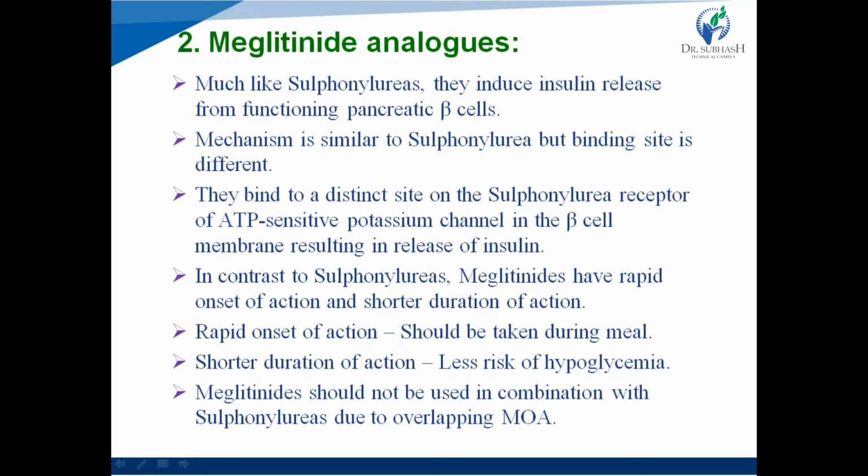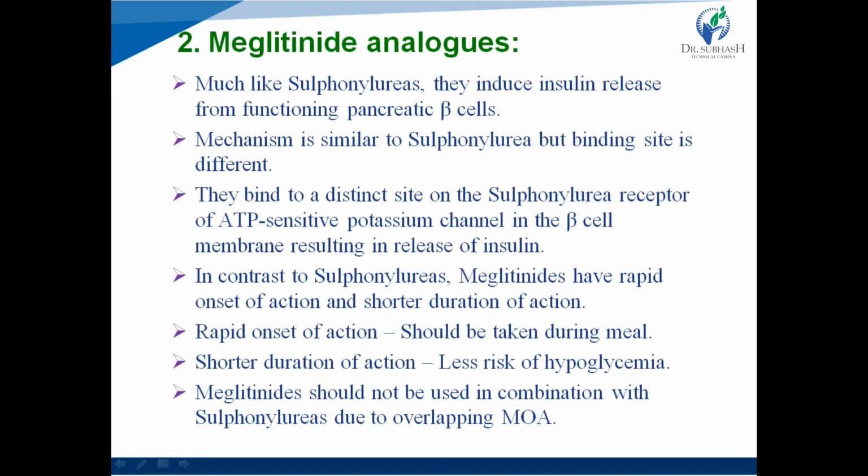The only difference is that meglitinide has a distinct binding site on the sulfonylurea receptor of the ATP sensitive potassium channel in the beta cell membrane, resulting in the release of insulin. The only difference between sulfonylurea and meglitinide analogues is that they have different binding sites on the sulfonylurea receptor. Other than this, all the mechanism of action is similar.